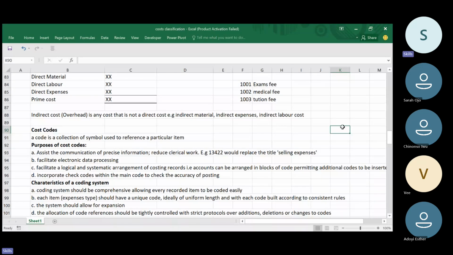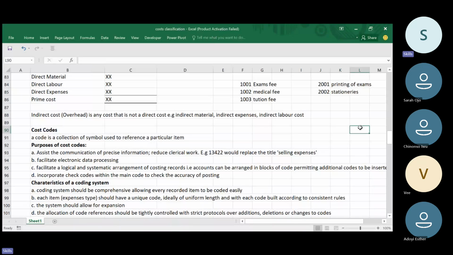Then you can say the expenditure code starts with 2. So if you have 2001, maybe printing of exams, then 2002, you can say purchase of stationeries or supply of stationeries. So these are examples of code.